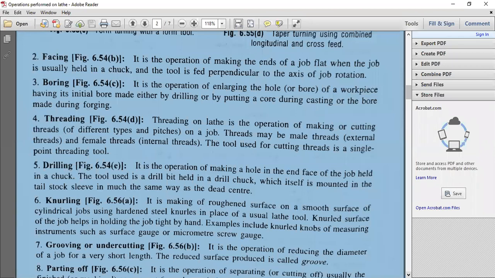So what are the examples of knurled knobs? Whatever knobs you have in metrology or the measuring instruments, you have already seen the screw gauge in the intermediate, and you'll be seeing the micrometer, the depth gauge, and the depth micrometer.